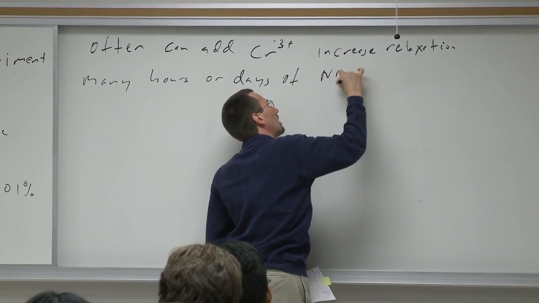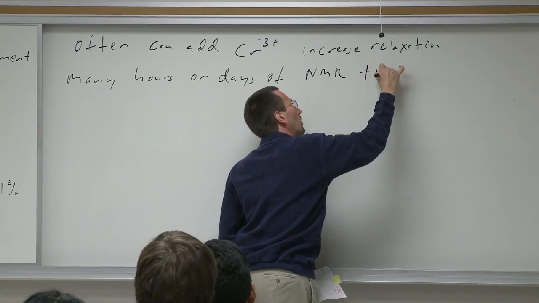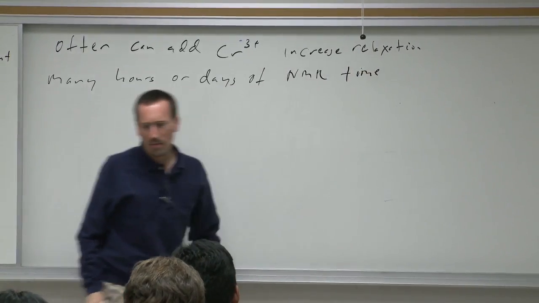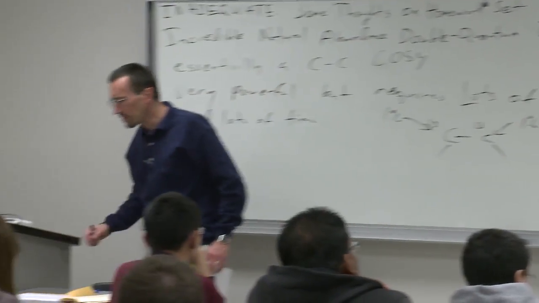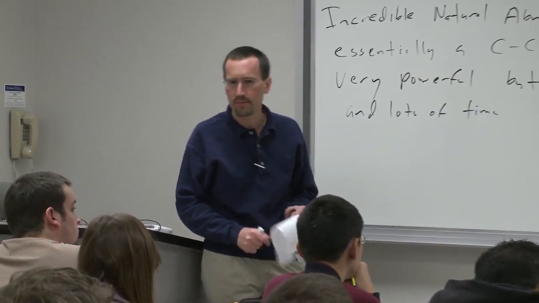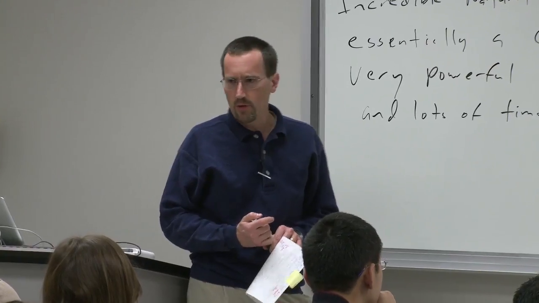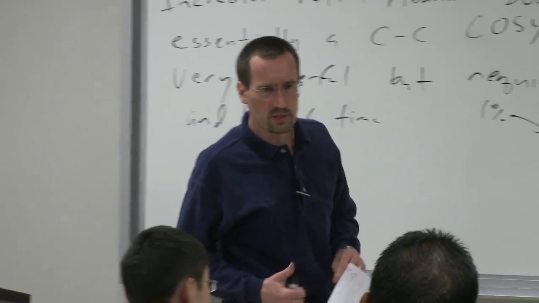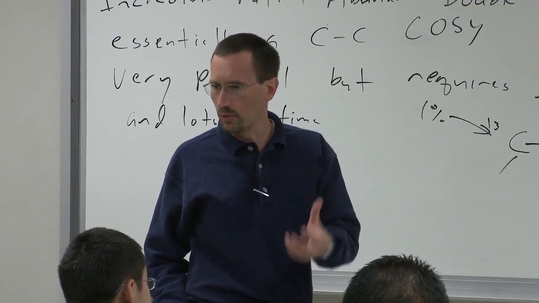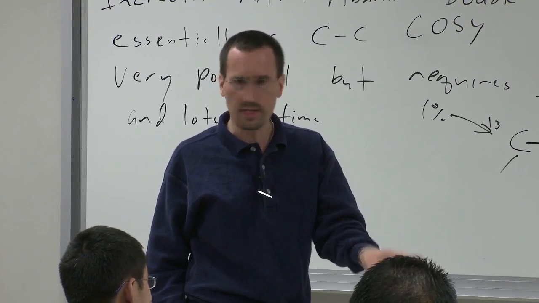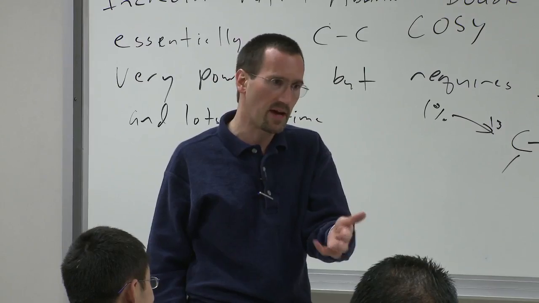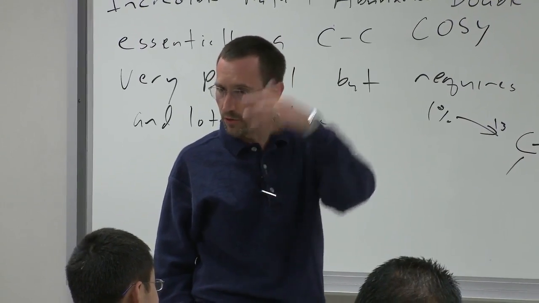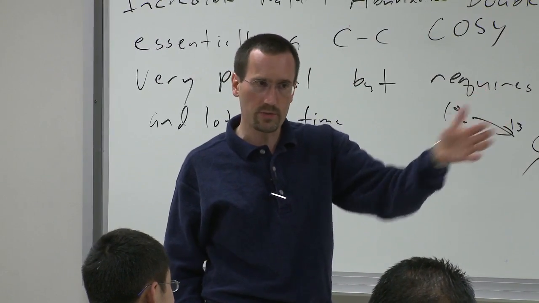Of NMR time. Now, I will say this about the cryoprobe, and we haven't really sat down and tried this with the cryoprobe. Maybe Phil has, maybe somebody has. The cryoprobe instrument is super sensitive because you're cooling the coil in the probe and reducing the amount of noise. It's not increasing the amount of signal, but if you reduce the amount of noise, you increase the signal to noise ratio.